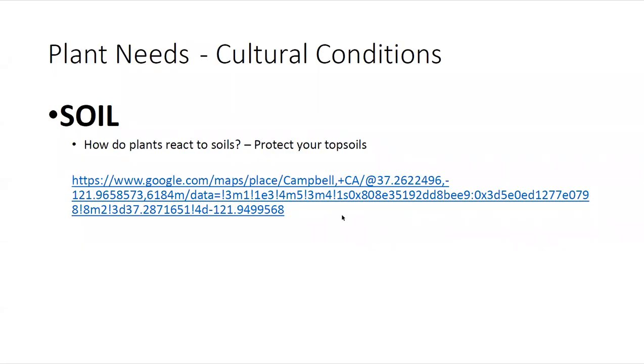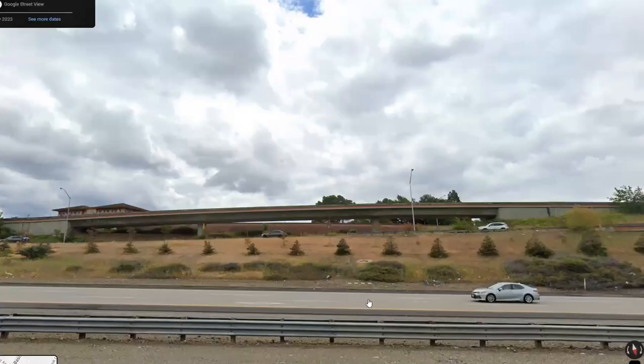I always like pointing that one out. Anyways, you can click on that, check it out. Important thing here is protect those topsoils. The better thing that they could have done, when this was created, they actually messed up on the specification. They should have preserved all of the topsoil and stored it somewhere off-site.